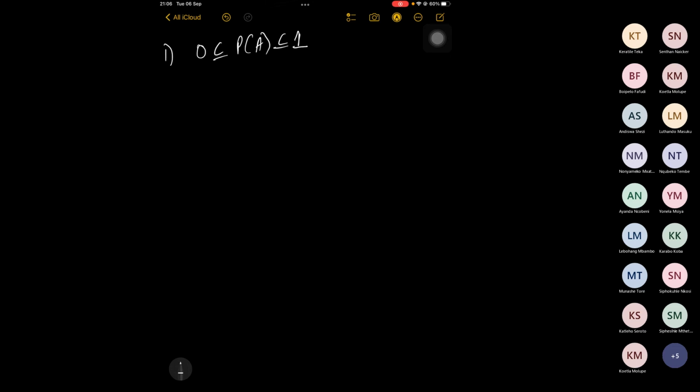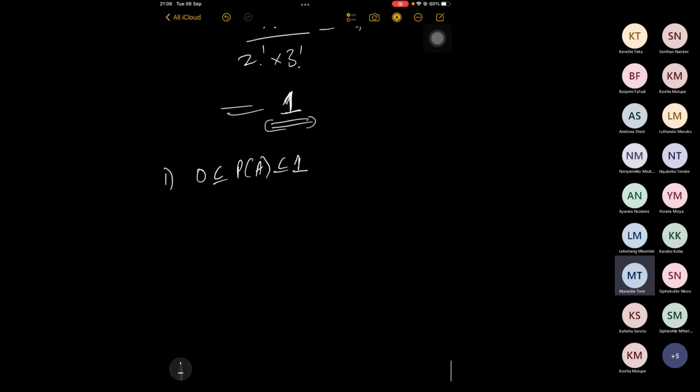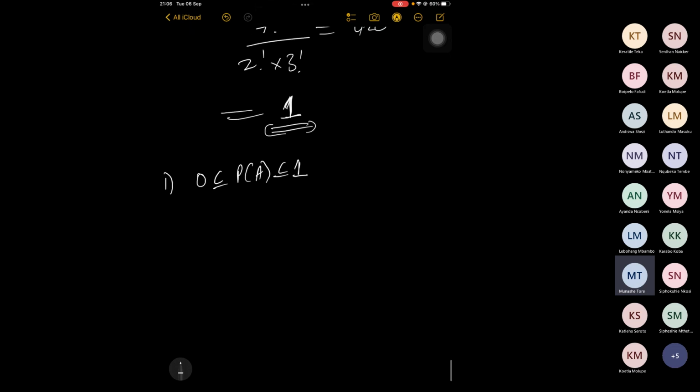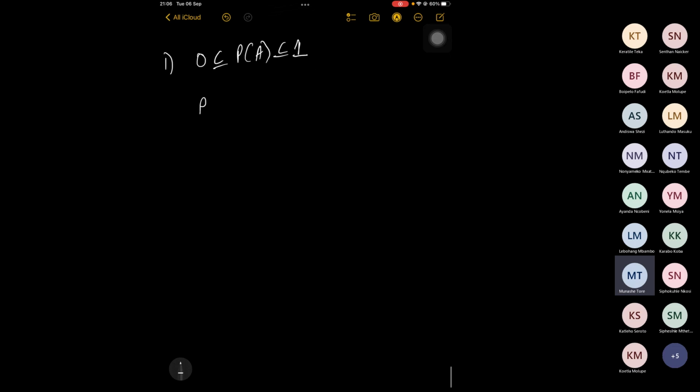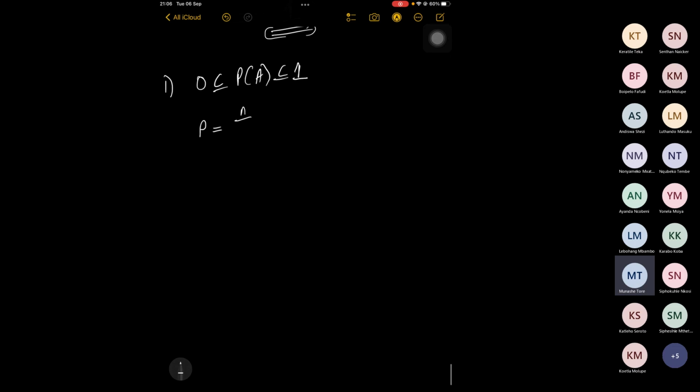You compute whatever it is that you do, and then you see that your probability is greater than 1. Like we just said, the probability is the number of combinations over the sample space. Maybe you make a mistake somewhere and say your number of combinations is going to be 420.